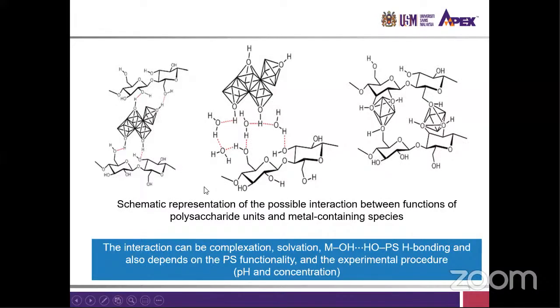Most of the interactions can be complexation, solvation, or hydrogen bonding, and most of it depends on the functional groups of the polymers or biopolymers that we use, as well as the experimental procedure such as pH, concentration, and temperature. Okay, those are the basic concepts of how we can control the growth.